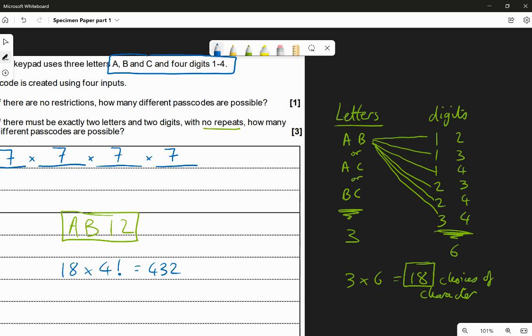Okay, and that's how you think about this. With these types of questions, they require a lot of common sense, and they are very difficult. Maths teachers struggle immensely with permutations, combinations, these types of problems. And it's about experience with these types of problems that will allow you to solve them more easily.